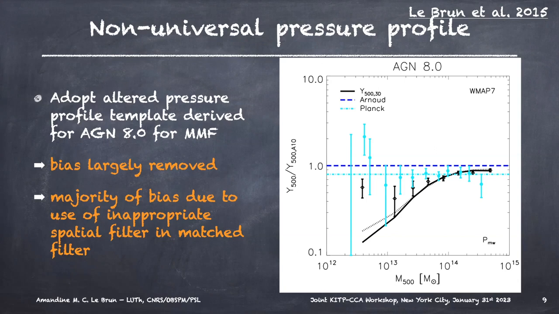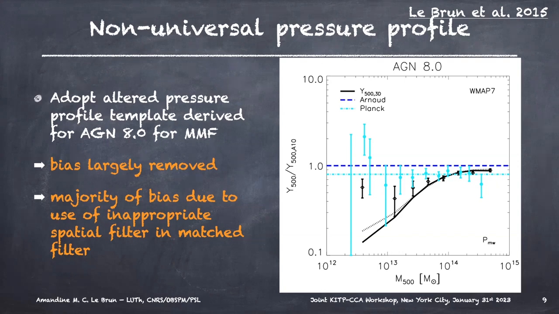So it means a large part of the bias was due to this inappropriate spatial filter, but there is something that's left. In fact, Planck does not measure Y500, it measures Y5R500, because it doesn't have enough spatial resolution to resolve Y500.